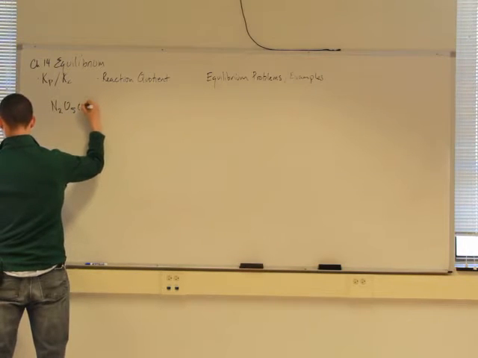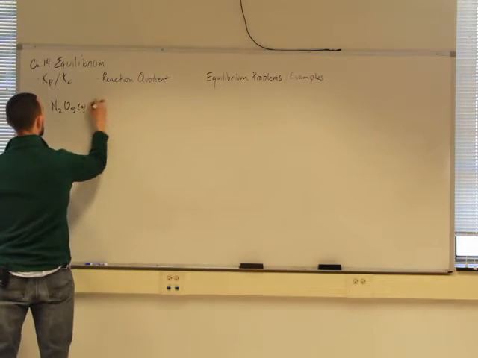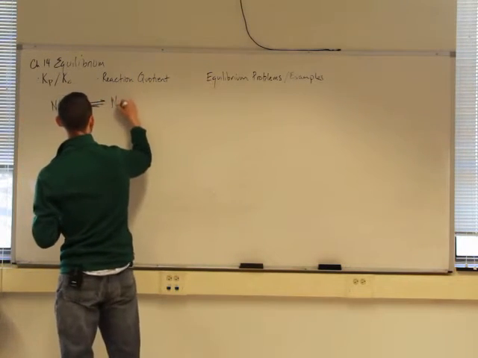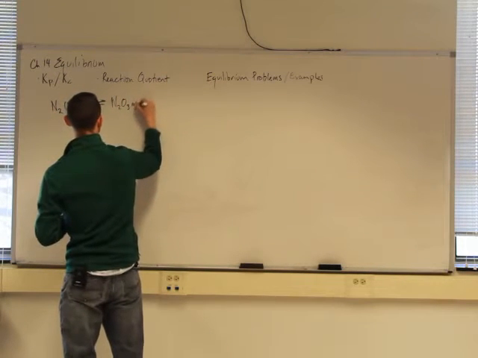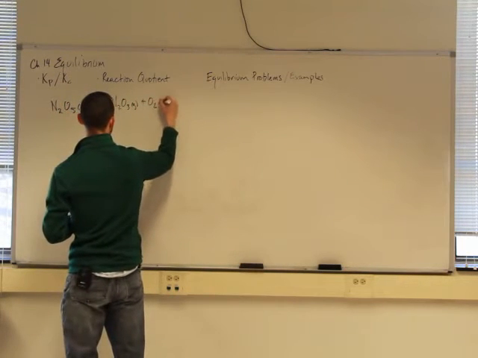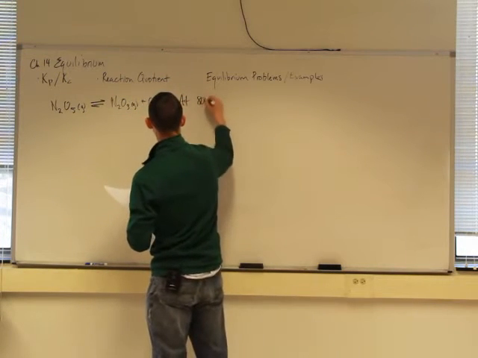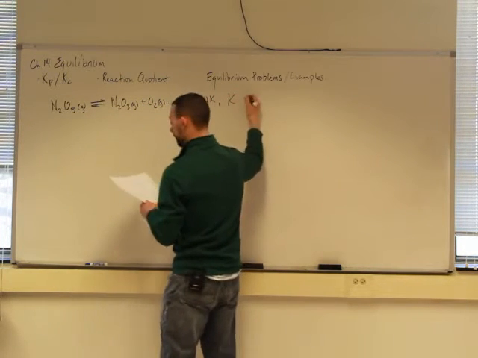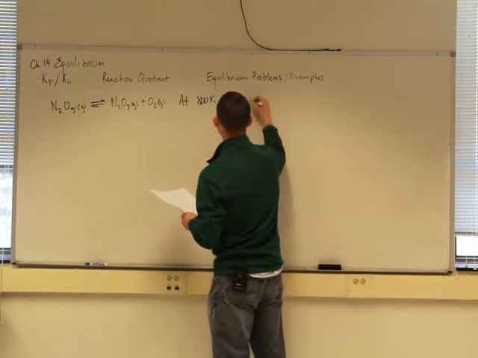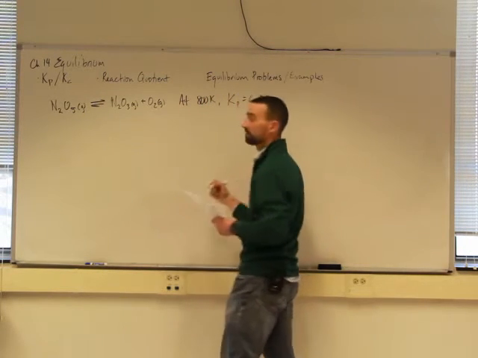N2O5 gas to N2O3 gas plus O2 gas. At 800 Kelvin, the equilibrium constant, Kp, is 6.35.